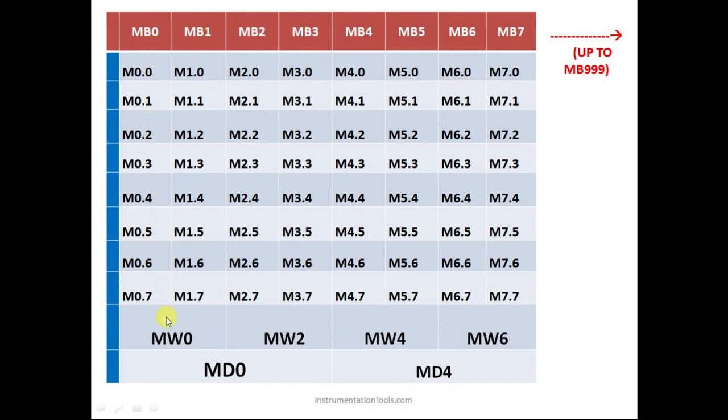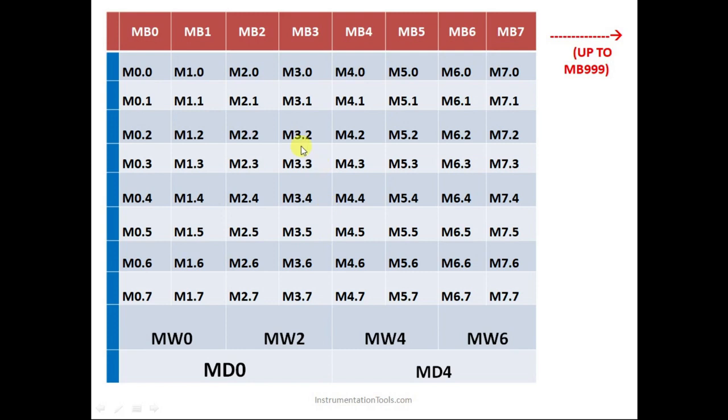The combination of 4 bytes is basically memory double word 0, right? So memory double word 0 is a combination of 4 memory bytes. Now when we address the next memory double word, it will be MD4. It will not be MD1.